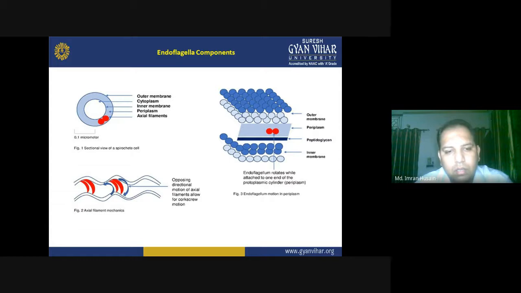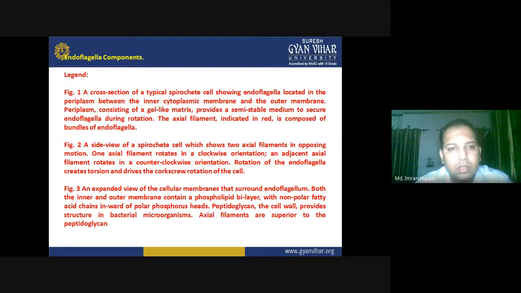Now, when it comes to axial filament mechanics, the opposite directional motion of axial filaments allows for corkscrew motion. Endoflagellum motion in the periplasm depends on the outer membrane, periplasm, peptidoglycan layer, and inner membrane, and the endoflagellum rotates while attached to one end of the periplasmic cylinder.